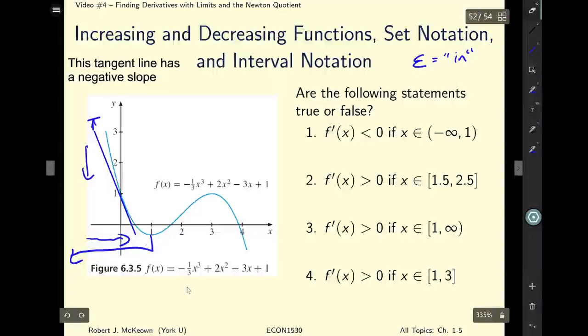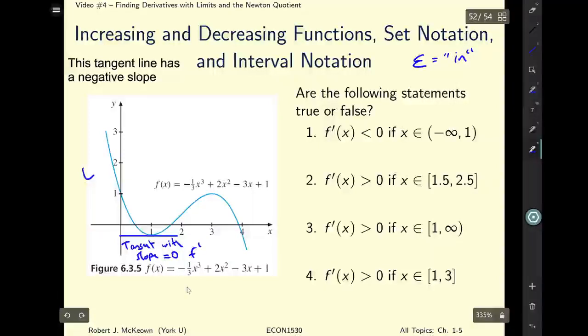And if we take a closer look down here, what happens when this function is equal to 1? Well, we've got a tangent with slope equal to 0.